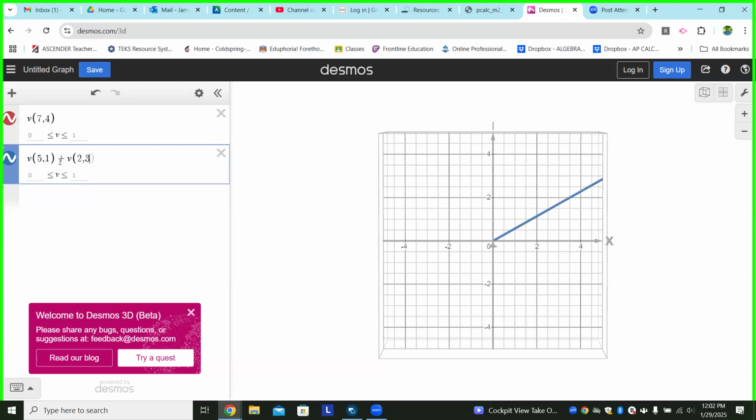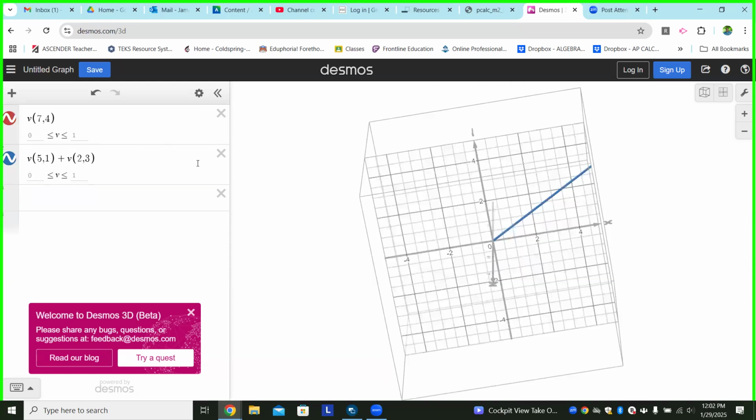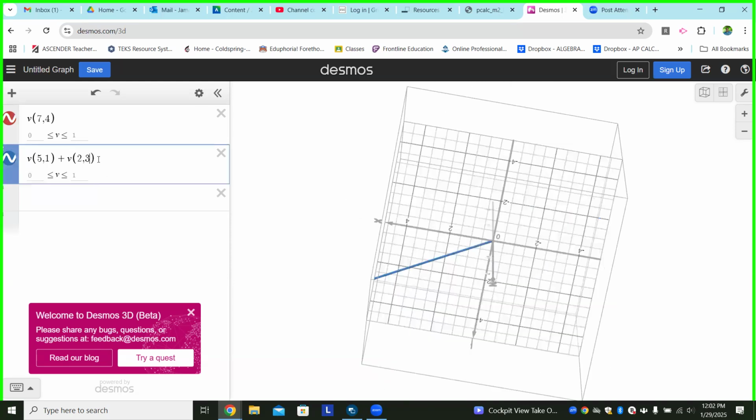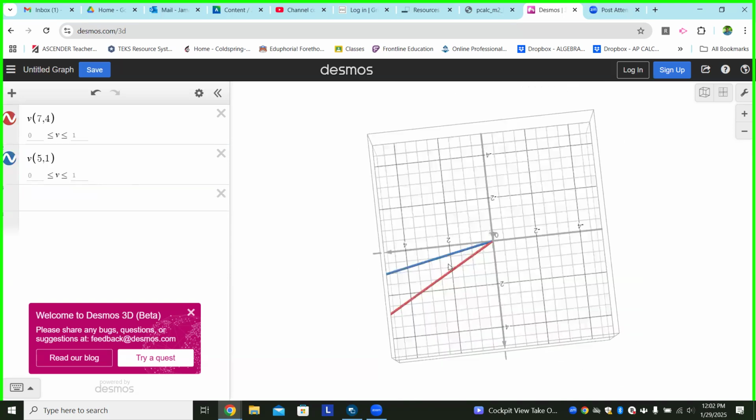Notice it lands on the same spot. Pretty cool. If I wrote them as separate ones, whoa, stop spinning.